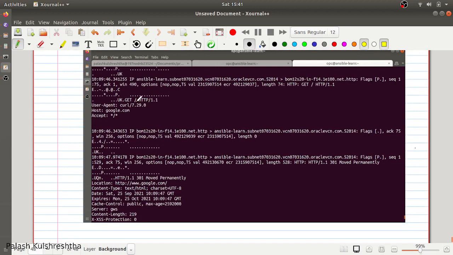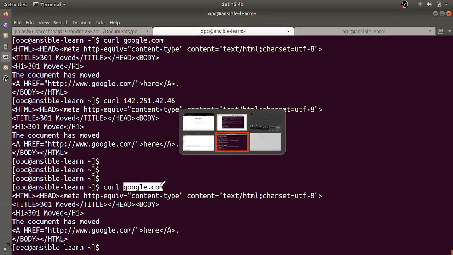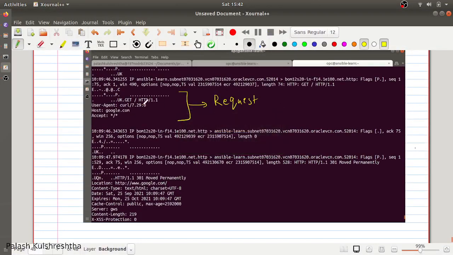So you can see here is the request that is happening, the curl request that we made to our server, curl google.com. google.com means a request on the root path, that is slash. If no path is given, then slash is considered, and it shows that my user agent was curl, the host is google.com, and accept is star.